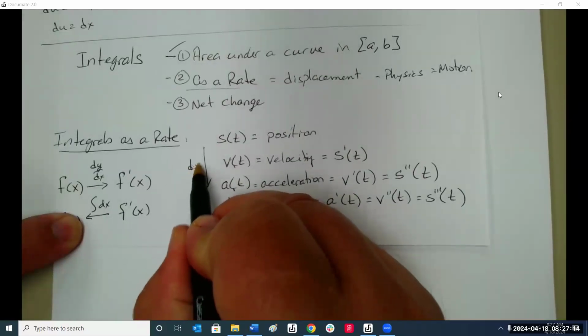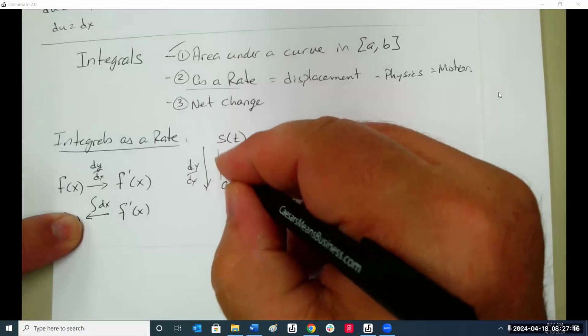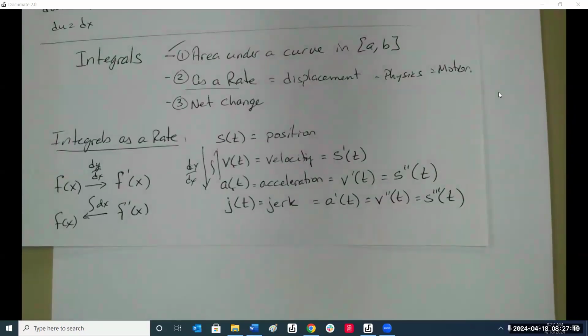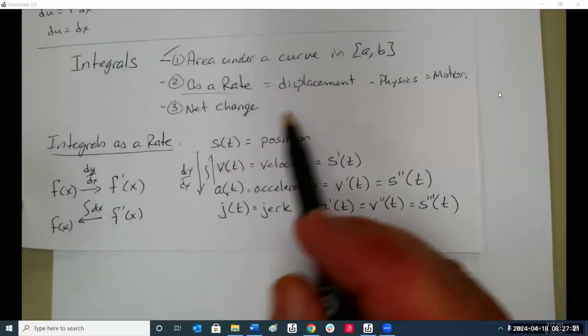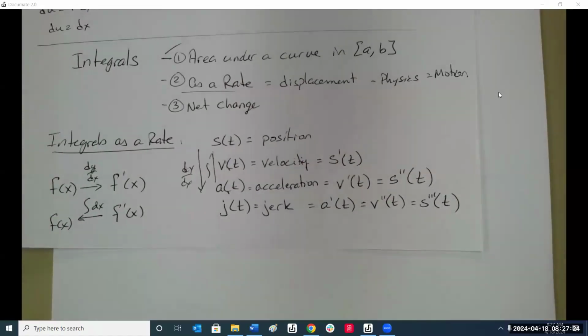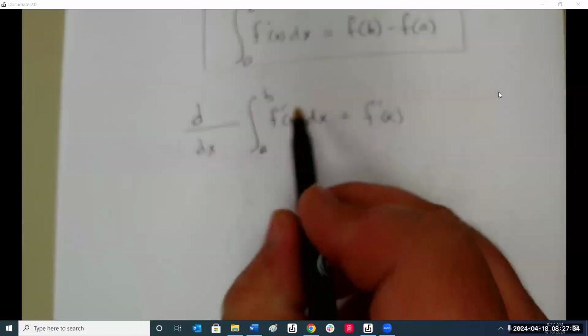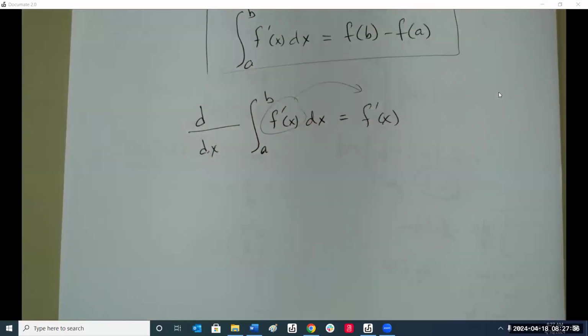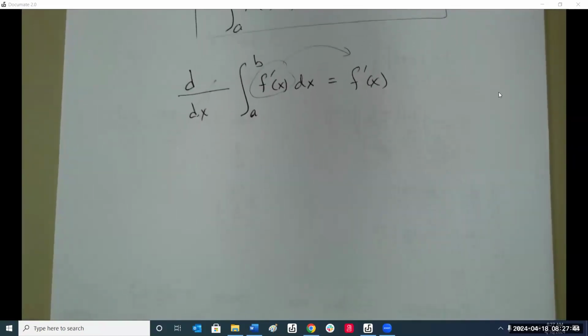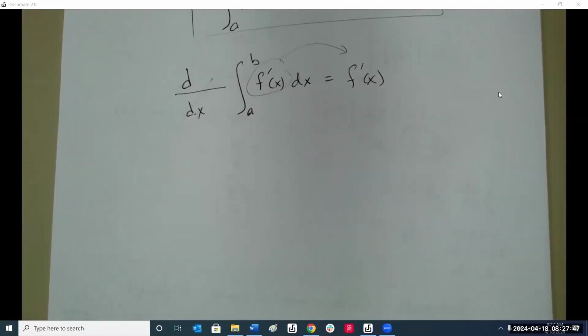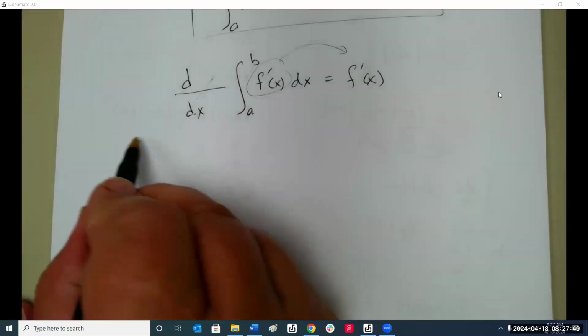This is the derivatives. This is integral. So if I take the derivative of an integral, I get the same thing. Nothing changes. Basically, you say that these cancel. So far, so good.